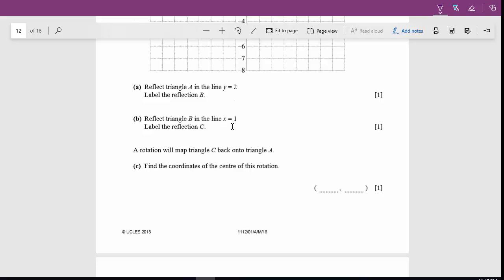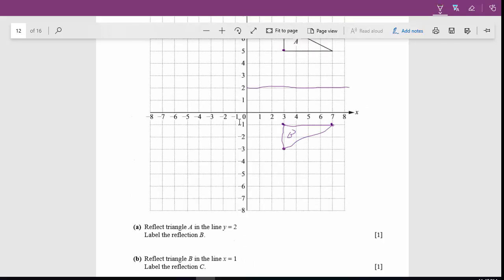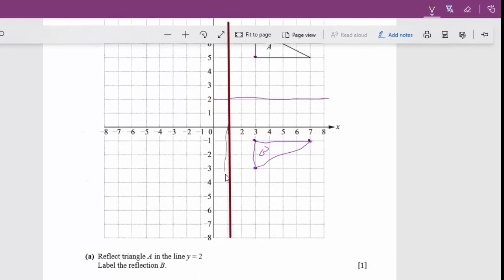Then reflect triangle B in the line x equals 1. X equals 1 is right here. So we need to reflect the triangle through this line. This point is 2 steps away from this line, so count 2 steps. Plot the first point down.